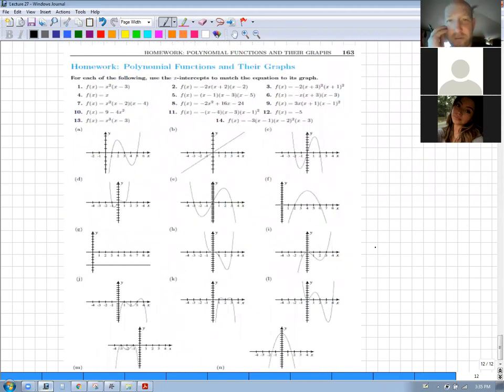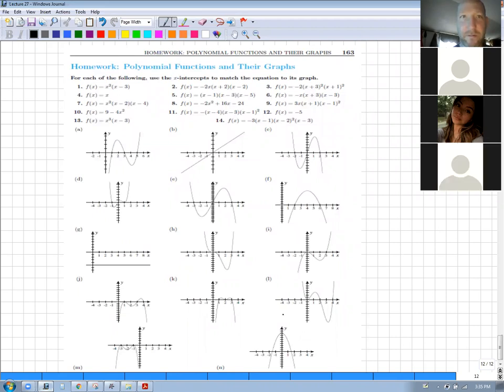Can y'all read that? Yeah, it's a little small, but I can read it. All right, let's see how we can match these up.